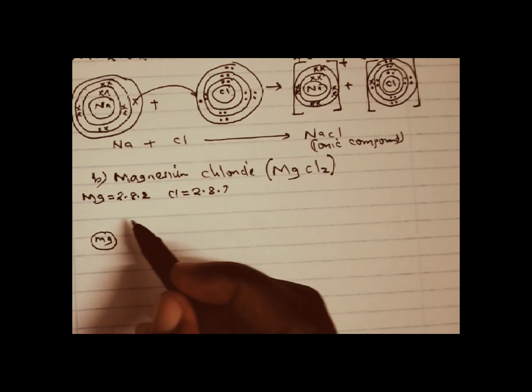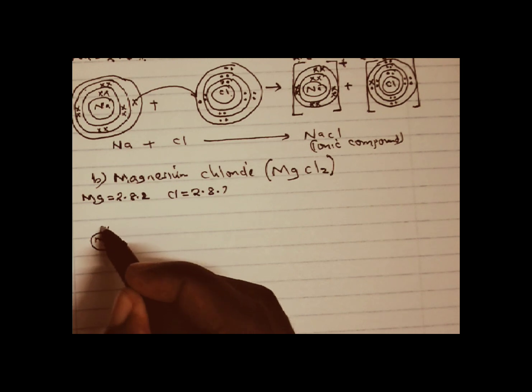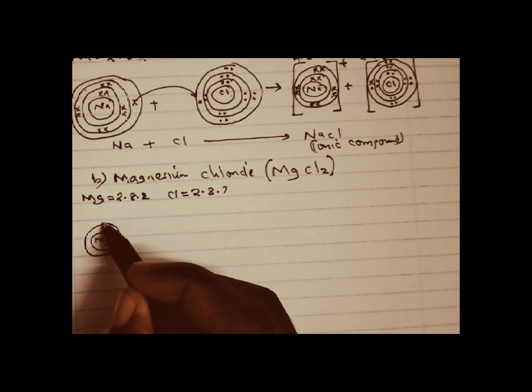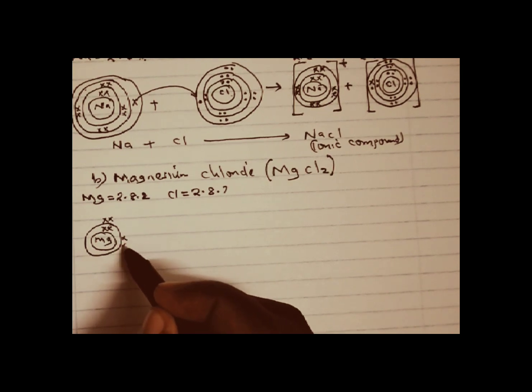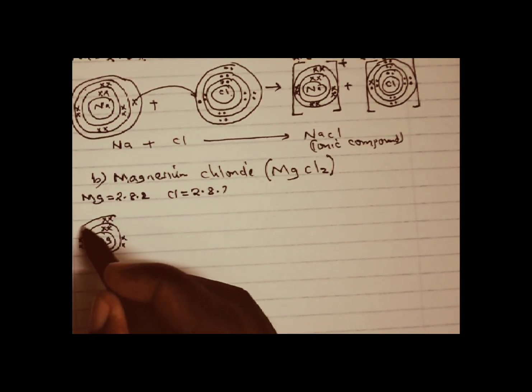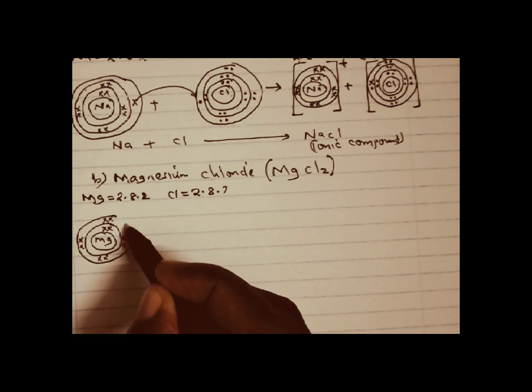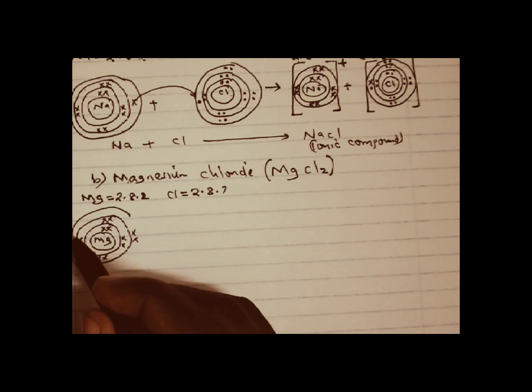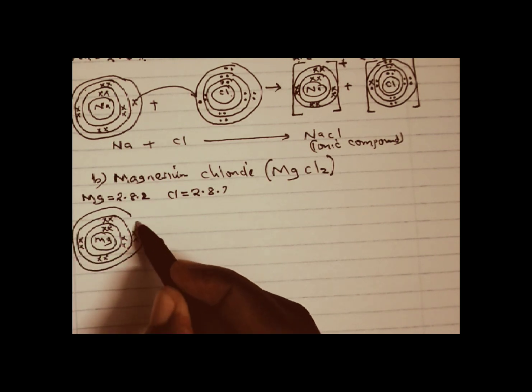The first energy level has 2 electrons. We close it. The second one has 8. And the third one has 2 electrons, which it is going to lose for it to be stable.